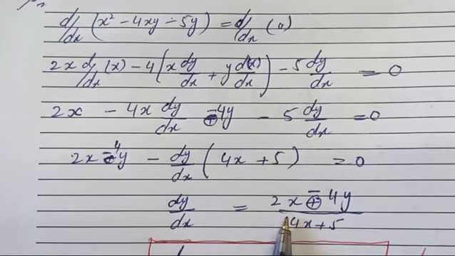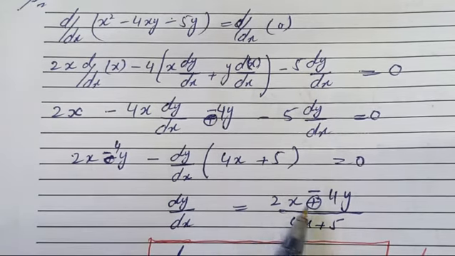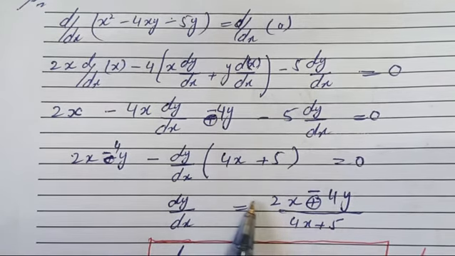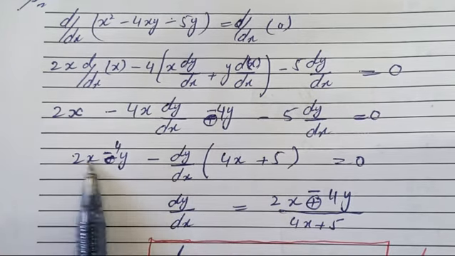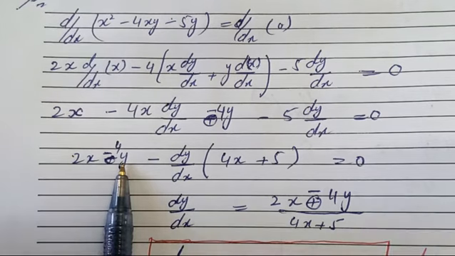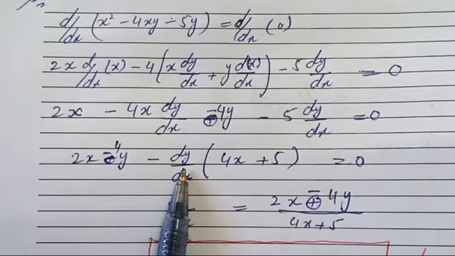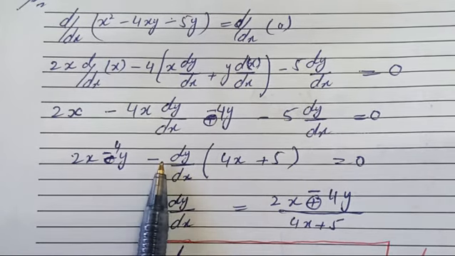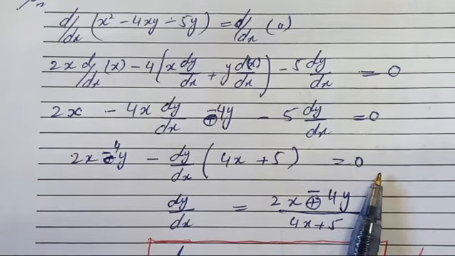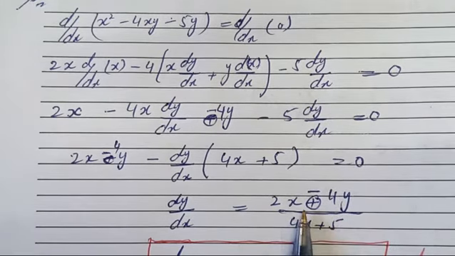So now you are confused, you are thinking that when 2x minus 4y is shifted from left hand side to right hand side, why its sign not change? Remember it, you can see here for 2x minus 4y, no need to change its side. Change the side of this second term. It has minus sign. When it moves from left hand side to right hand side, it becomes plus, and you will again obtain this answer.